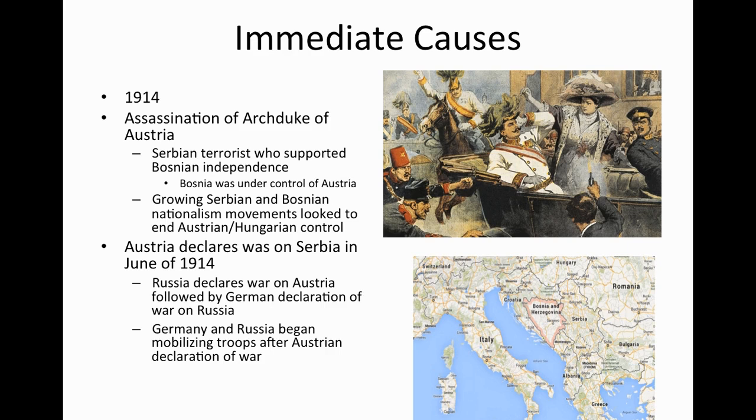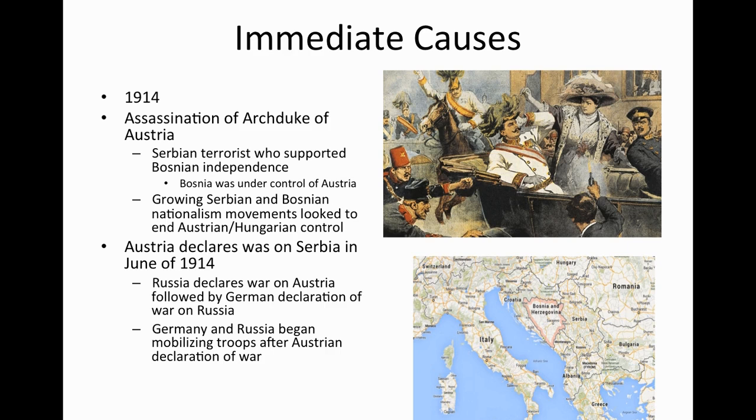As a result of that, Austria will declare war on Serbia in 1914, and then you have this domino effect where Russia will side with Serbia and then declare war on Austria, and then that's followed by a German declaration of war on Russia. But really, what gets the world closer to war is, not that we blame either side, but both Germany and Russia were already mobilizing troops after Austria declares war.